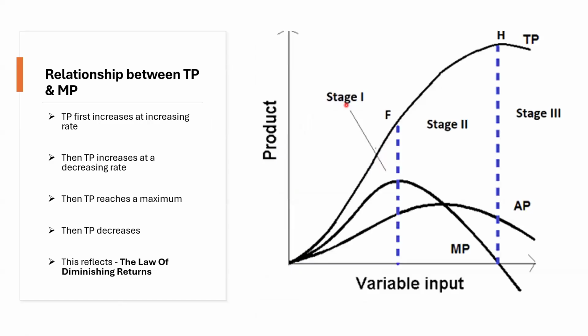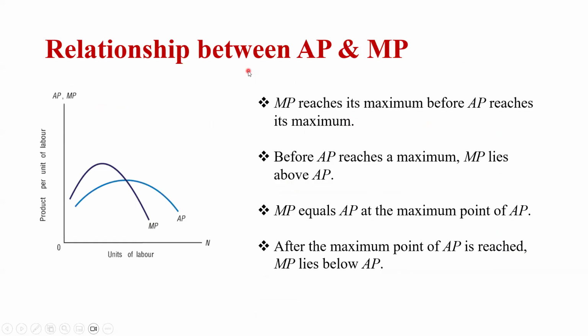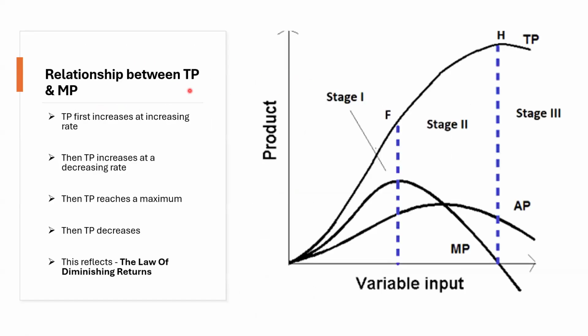Where was I? Okay, so here, the relationship between total product and marginal product. We analyzed the relationship between average product and marginal product. Now we're analyzing the relationship between total product and marginal product.